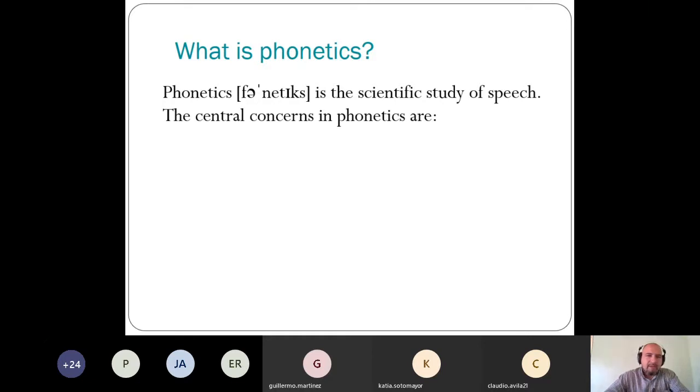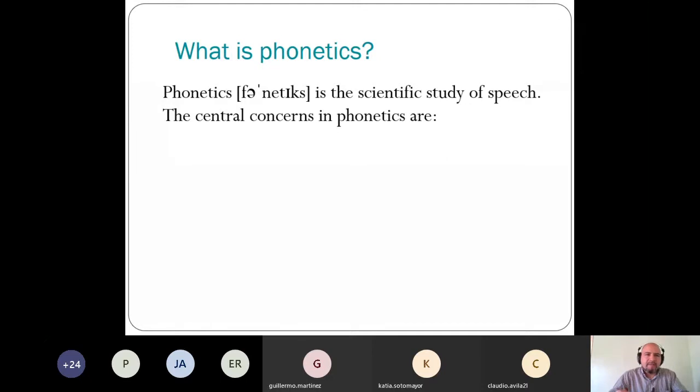If we put these 8 sounds together in this order, we have the word phonetics, right? So phonetics studies the sounds individually and is able to identify each one of the sounds with each one of their properties.